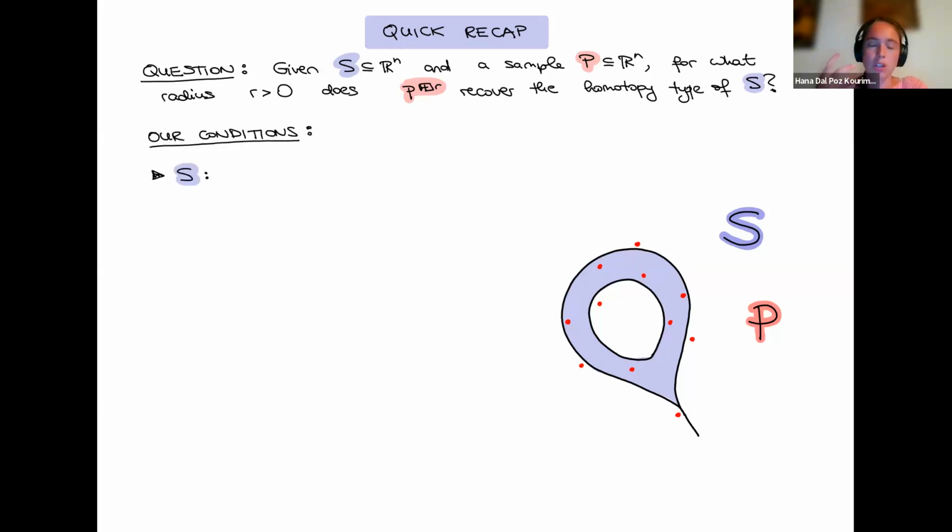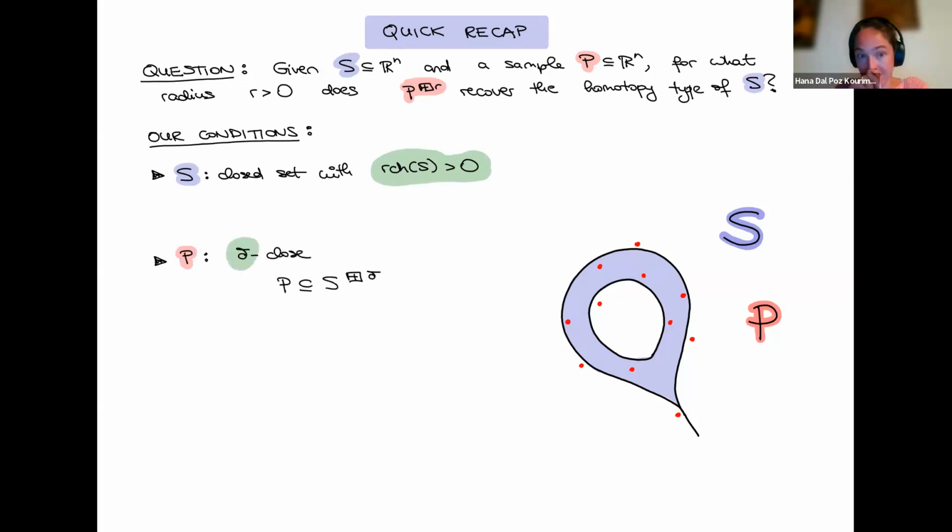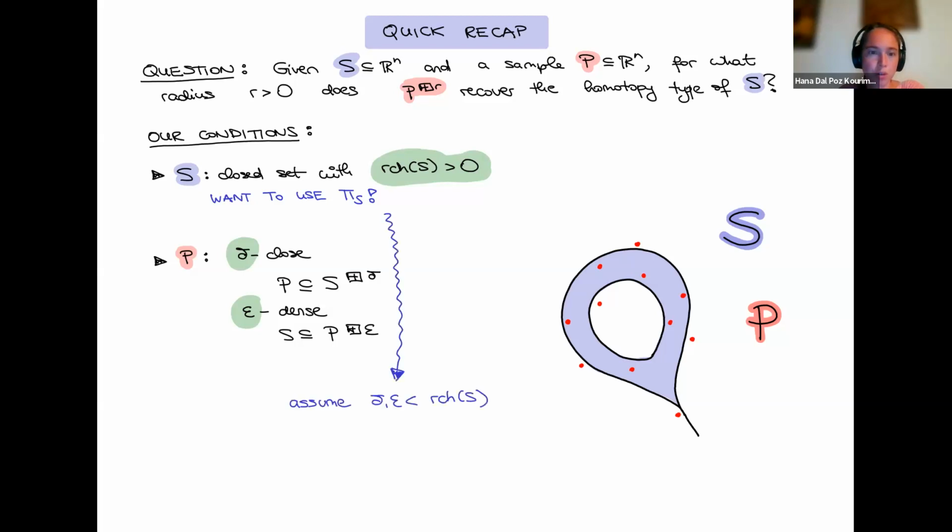The conditions in our paper are on the set S, that it's closed and has positive reach, and on the sample P, that it is delta close, so close enough, and epsilon dense, so somewhat dense enough. And because we want to use the closest point projection, we assume that the parameters delta and epsilon are smaller than the reach. Okay, so these are our conditions. And with these conditions, let's have a look at what the theorem says.